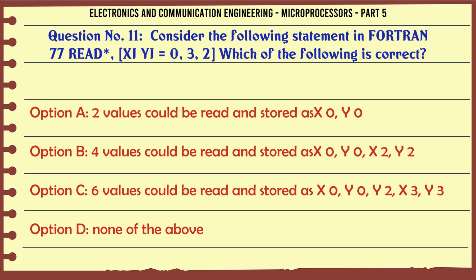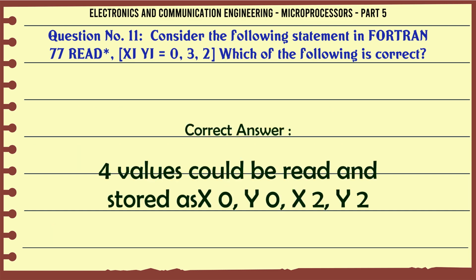B. Four values could be read and stored as X0, Y0, X2, Y2. C. Six values could be read. D. None of the above. The correct answer is 4 values could be read and stored as X0, Y0, X2, Y2.